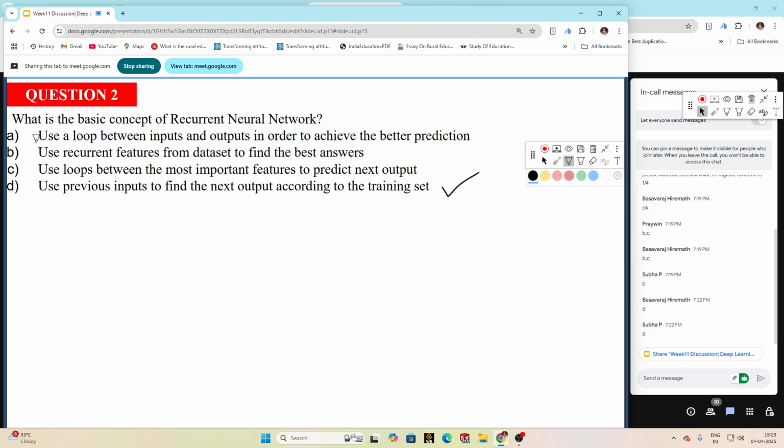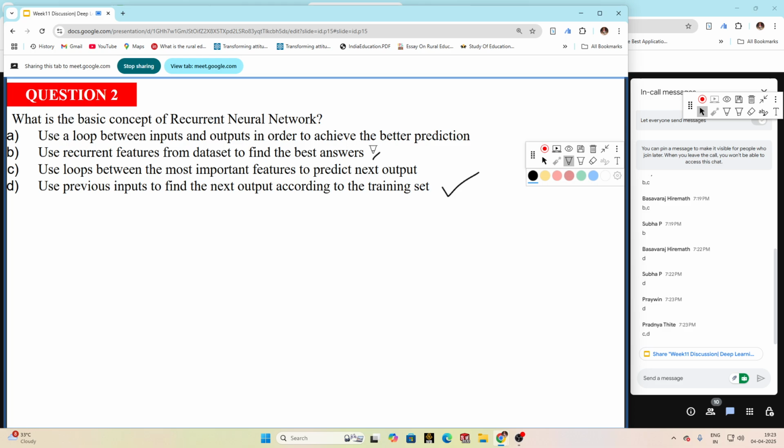Option A is a simple NN only. We always use a loop between input and output, so that is the feature of a normal neural network. Option B, use recurrent features from the data set to find the best answer. That does not make any sense. We do not just use recurrent features from the data set.